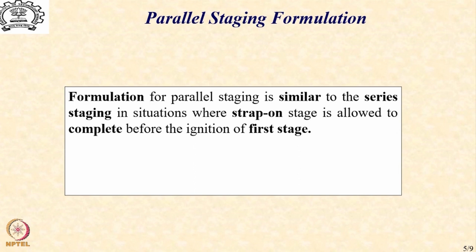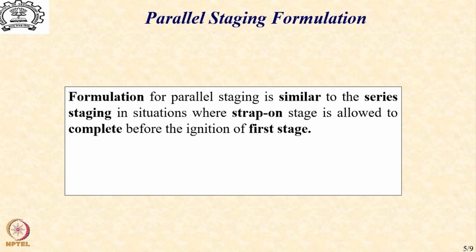Let us now look at the formulational aspects of a parallel staging configuration. So at the outset, we note that the formulation for parallel staging is similar to series staging, particularly in situations where strap-on stage is allowed to complete before the ignition of the first stage.